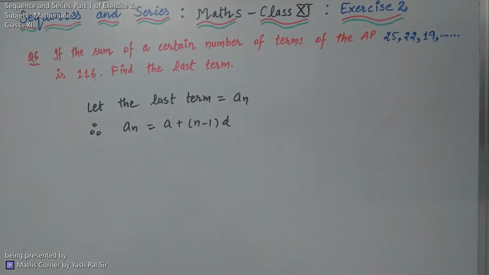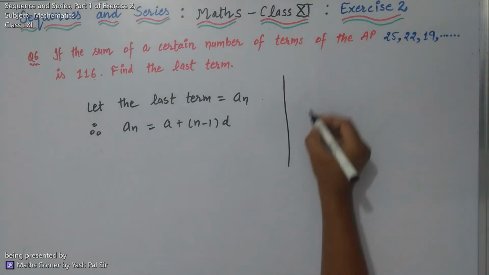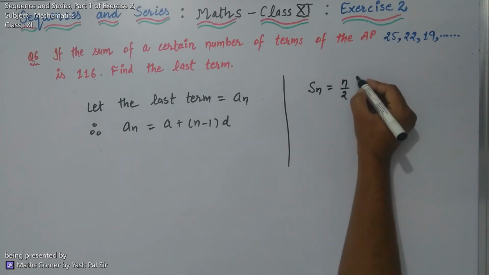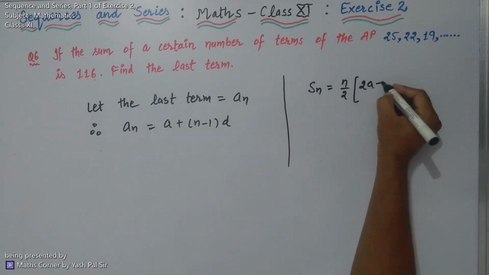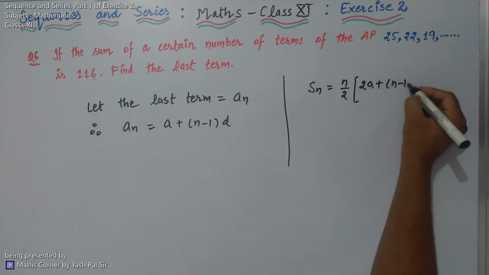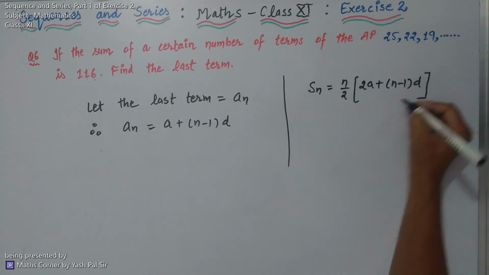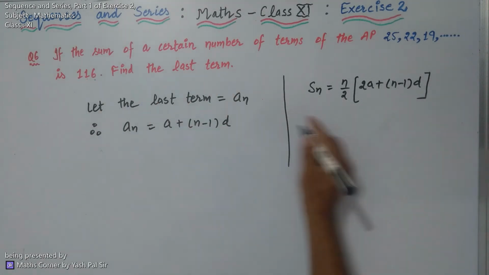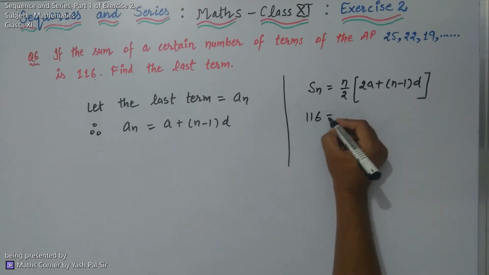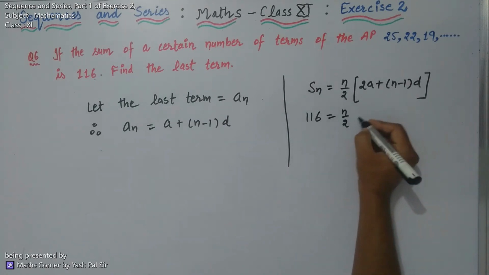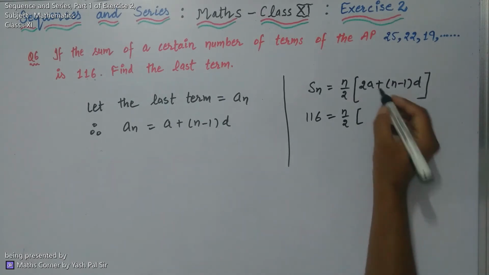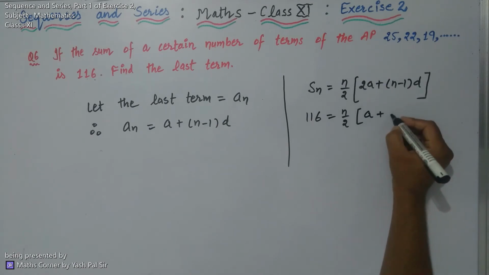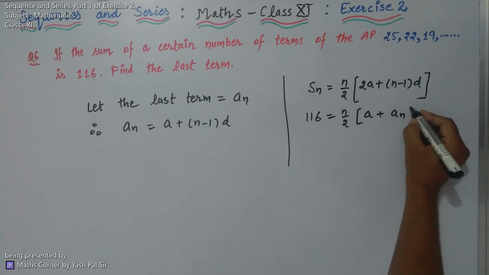Moreover, the sum of n terms is equal to n upon 2 into 2a plus n minus 1 into d. So Sn, the sum, is 116. 116 is equal to n upon 2 into a plus l, which can also be written as a plus l, where l is an.